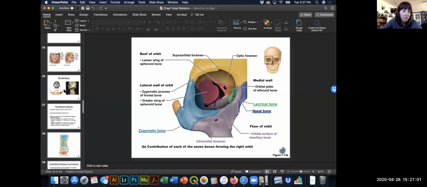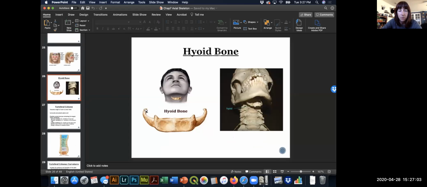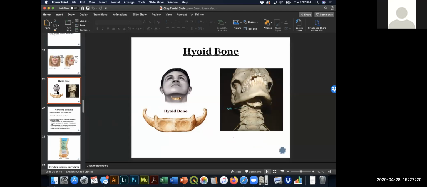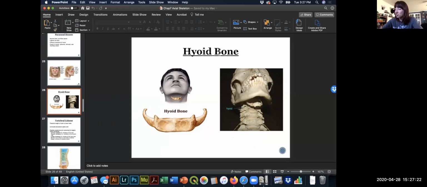Any markings seem really weird. The hyoid bone, I know it has it as like a random bone at the end of lab 16 in your lab manual, but I want you to note that the hyoid bone is considered part of the axial skeleton, okay? So it's in the axial skeleton chapter of your book.